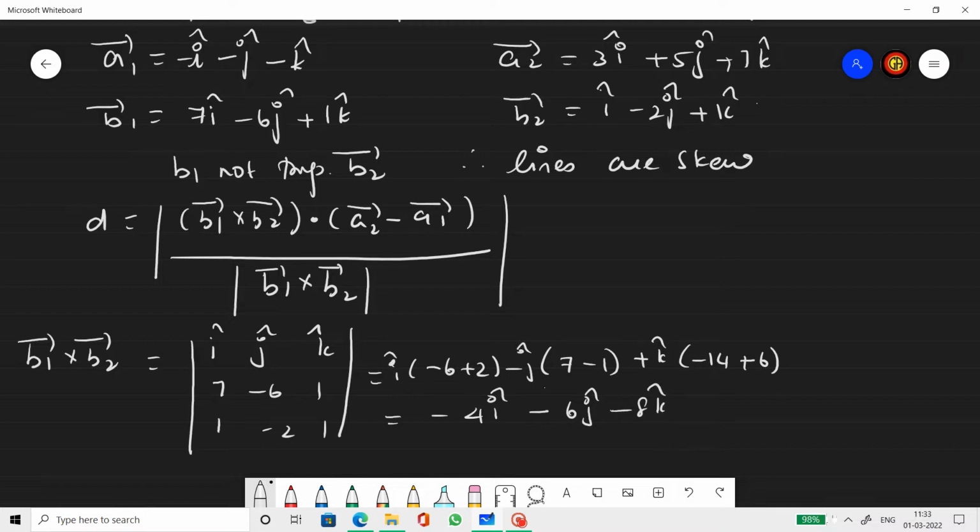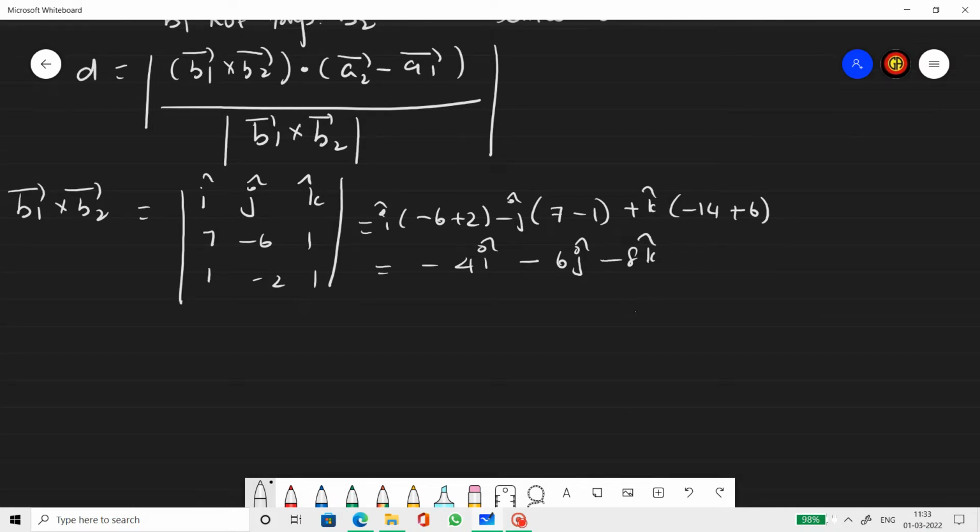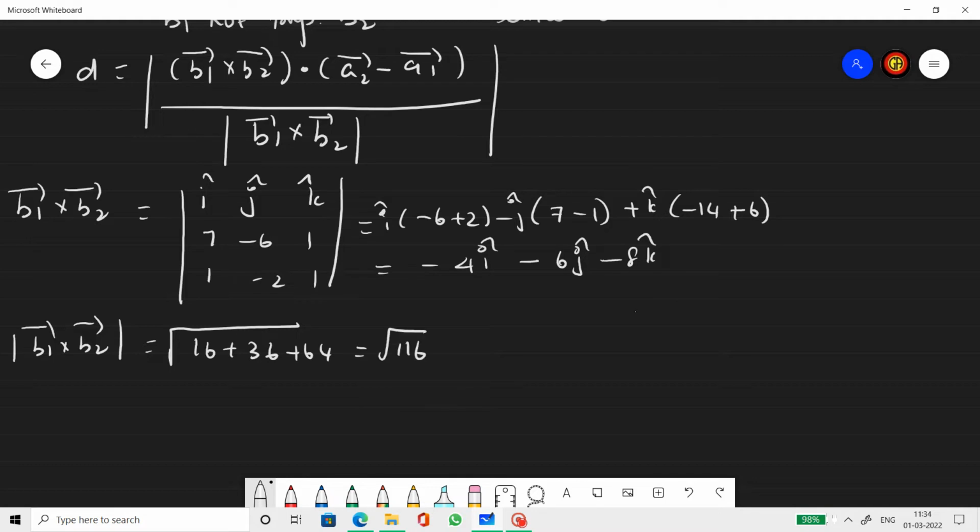So minus 4 i cap minus 6 j cap minus 8 k cap. That is B1 cross B2. Let's find the magnitude of B1 cross B2 vector, which is root over 16 plus 36 plus 64. So we get root 116, which is 2 root 29.